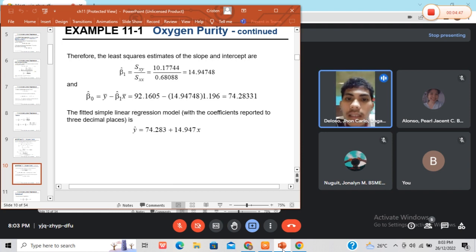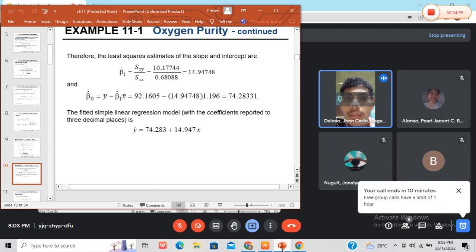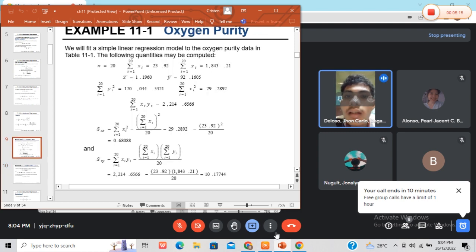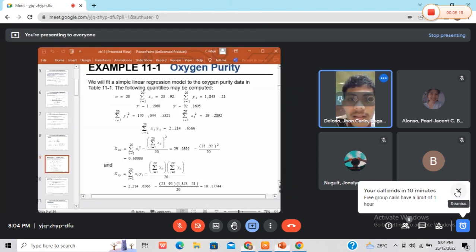Therefore, the least squares estimates of the slope and intercept are b sub 1 is equal to S subscript xy over S subscript xx, which is equal to 10.17744 divided by 0.68088, which is equal to 14.94748.